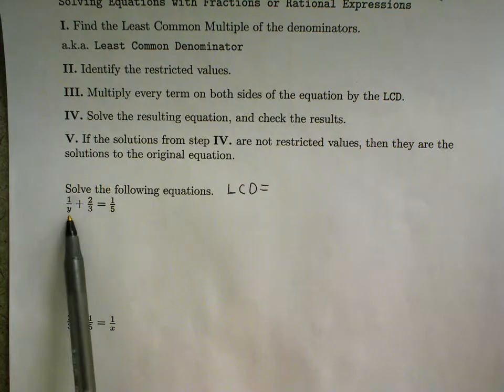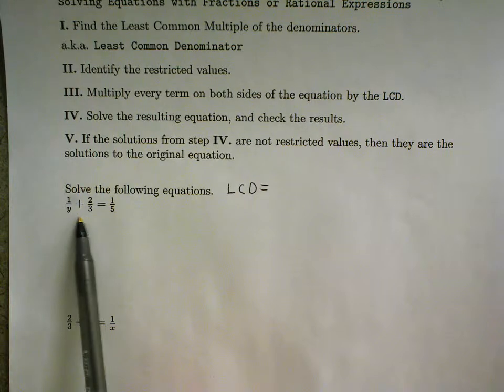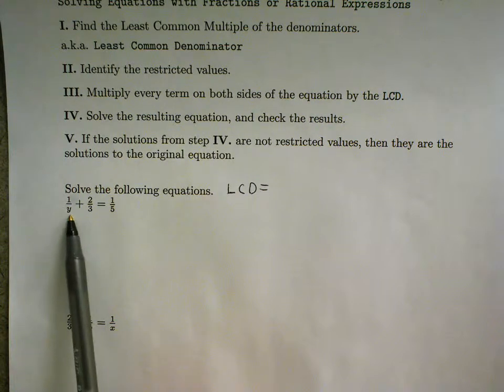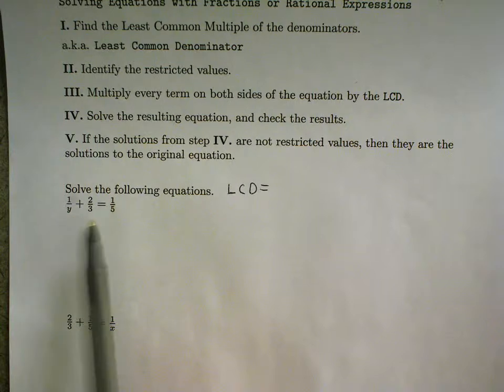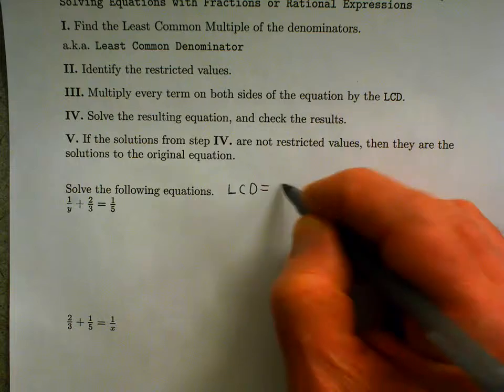All right, well, one of the denominators has the factor y in it. And so the least common denominator is 3 times 5 times y, or 15y.